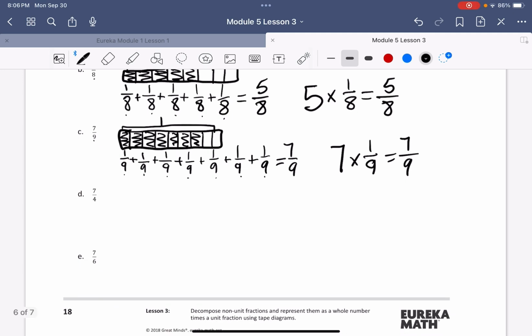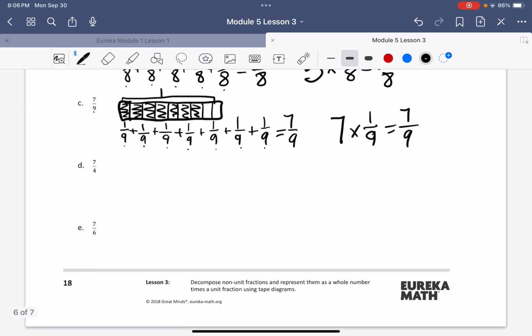All right, let's do one more together. Look at D. This time, our numerator is greater than the denominator, so we're going to have more than a whole. So our whole is worth 4. So let's draw our 4. And I'm going to make my box as even as I can.